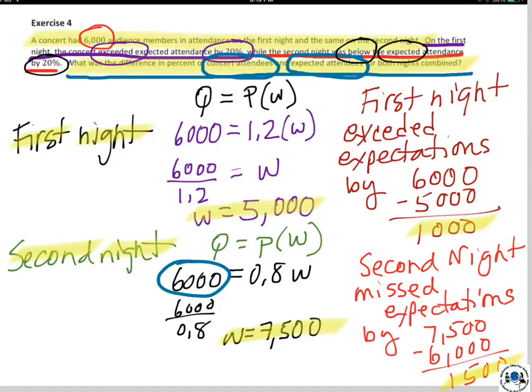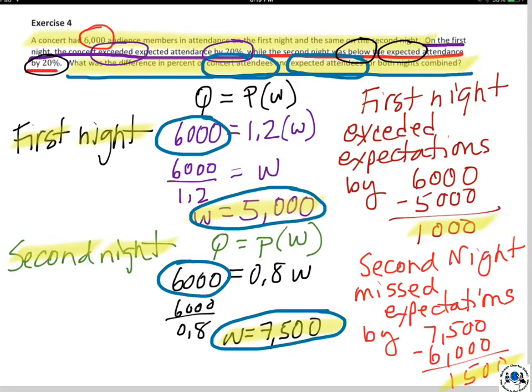Therefore, we know that our whole, or our expected, had to be larger. And first night we went over, we knew that represented 120% of the expectations, and therefore we know that expectation was for 5,000.